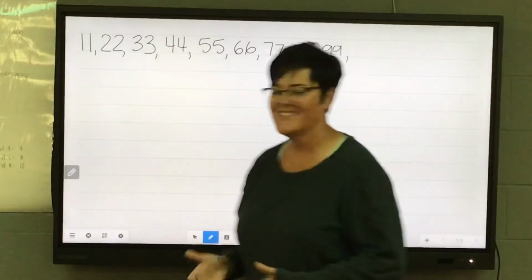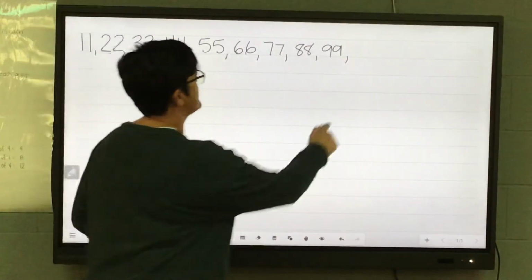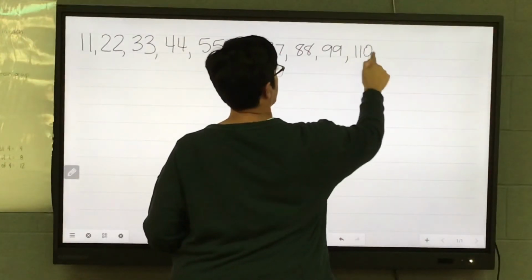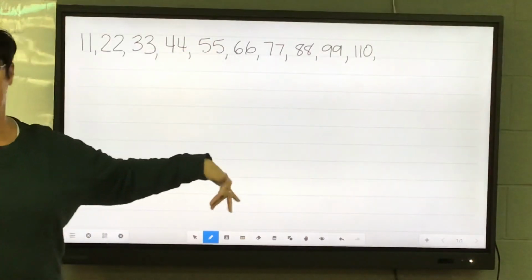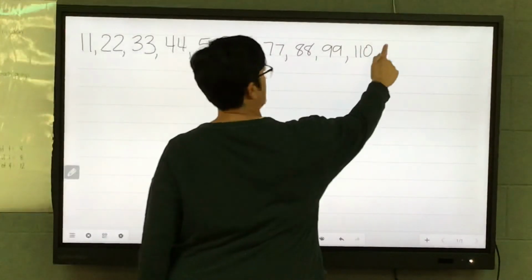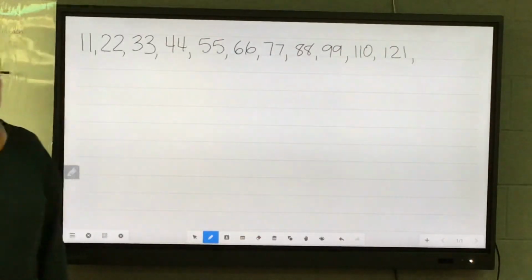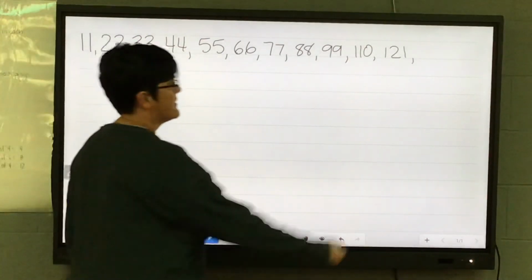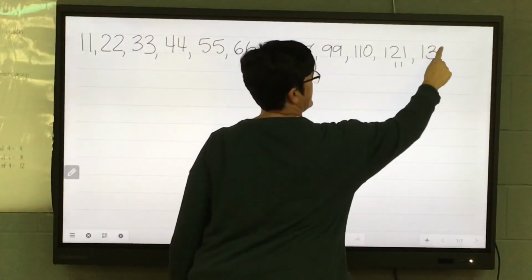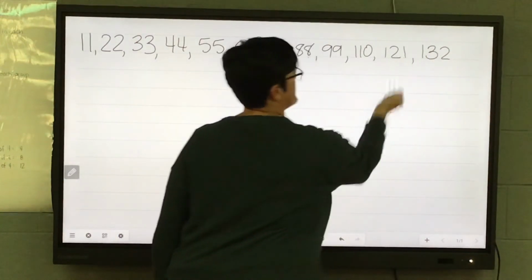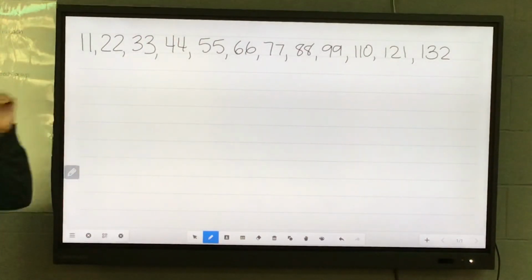Okay, so redo this. No, that would be right, 110. Sorry, I'm getting myself confused. All right, now if we add 11 onto that, 121. 11 onto that, 132. What do you think would be next? Because it follows a pattern.